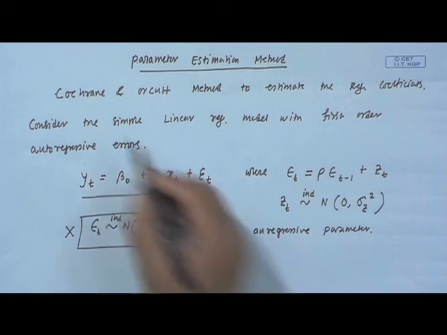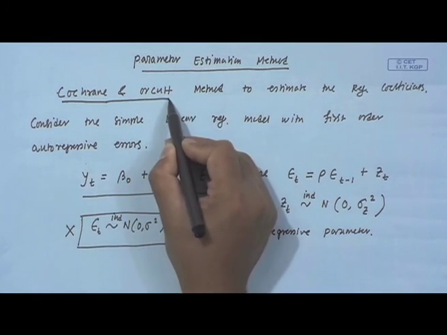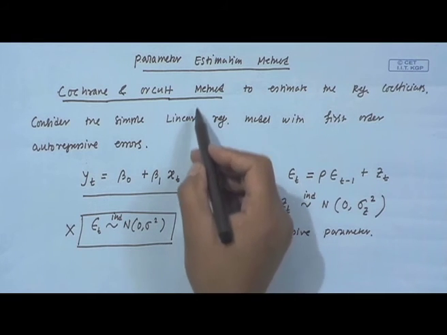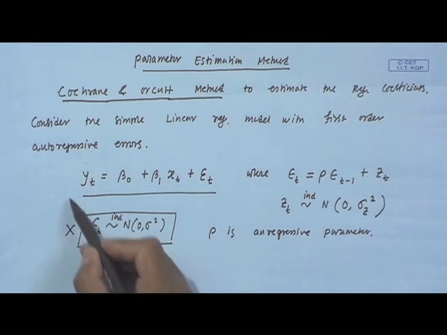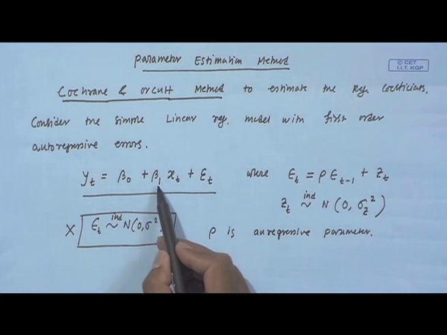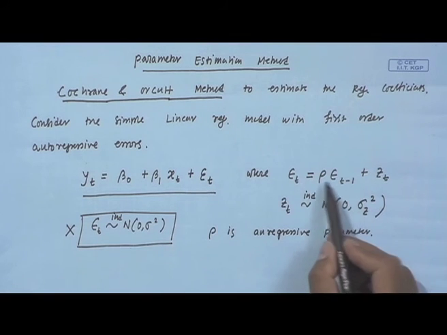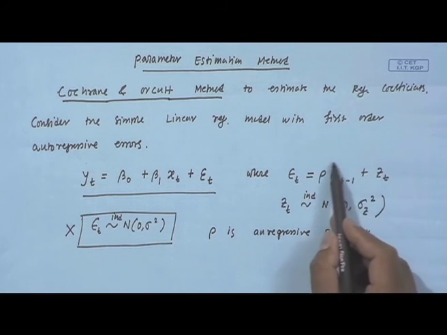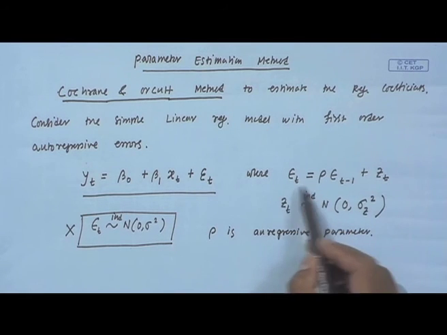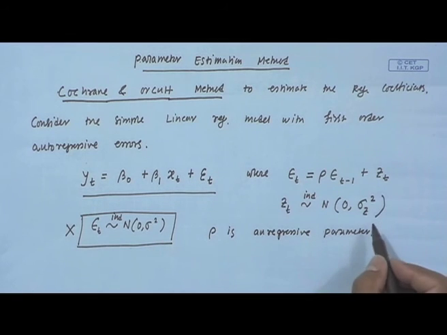So this is the Cochrane-Orcutt method, and this says how to estimate the parameters beta naught and beta 1 when there exists first order autocorrelation among the errors.